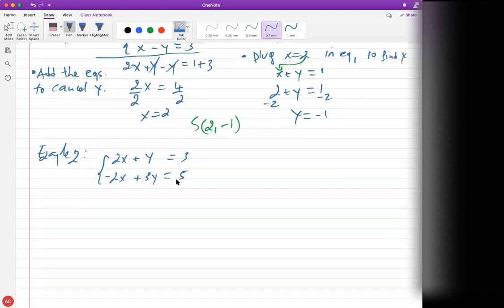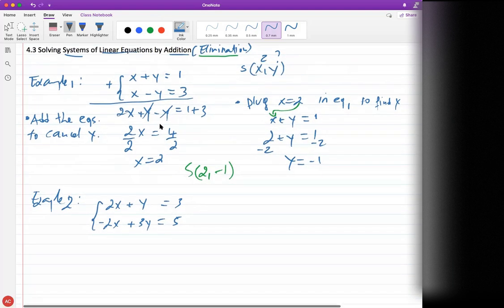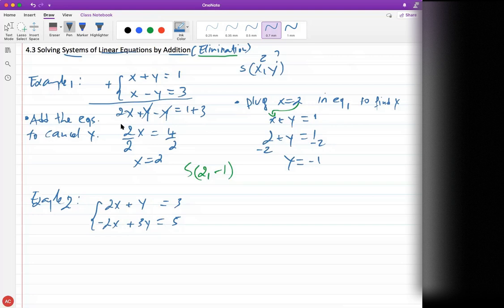So which variable do you think will cancel out if we combine the two equations? If you look at these two equations, if we add or subtract them like this, vertically, side by side, which variable will cancel out? Anybody want to take a guess?